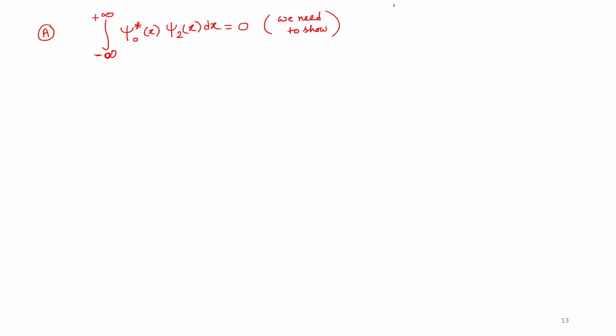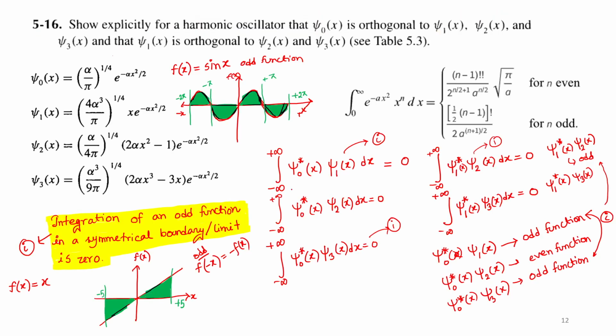And what else we need to show? That the integral from minus infinity to plus infinity of psi 1 star x psi 3 dx is also zero. And we have already shown this, right? These three. So we are going to need this standard integral, but let me first start with the easier one, psi 0.